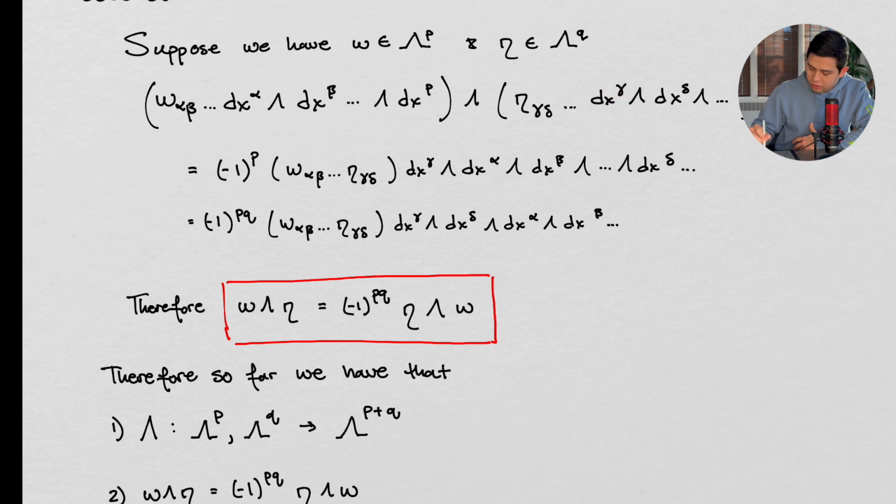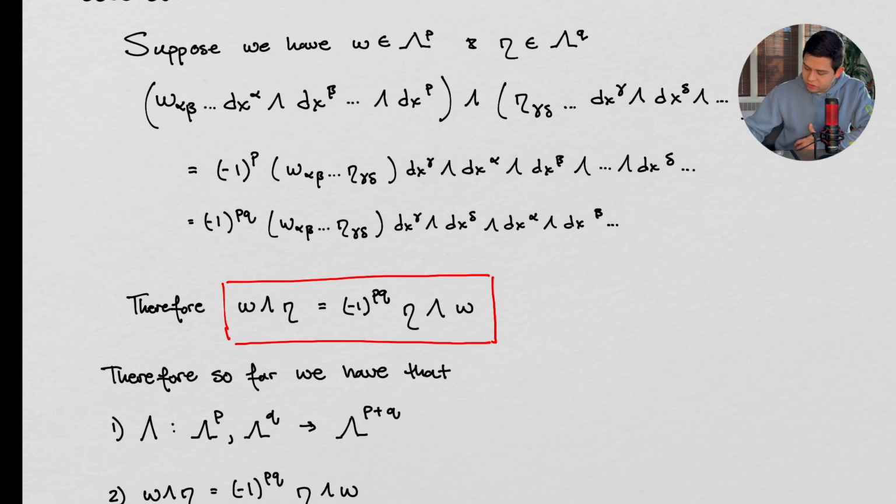When we wedge it together and want to bring it to the front, as we've shown in the last video, we have to introduce a negative sign every time we move it. We have to do it P times because it has to go in front of P objects, so that's minus 1 to the P with this guy.